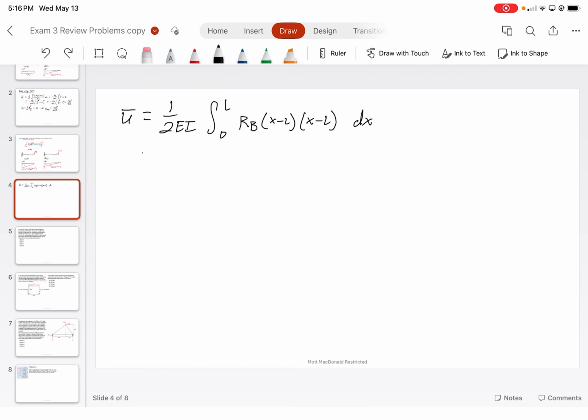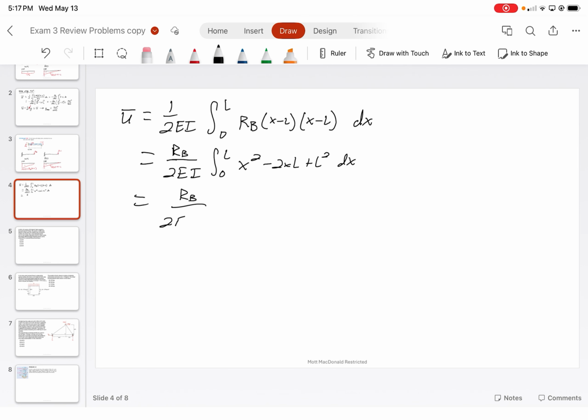So from this, 1 RB divided by 2 EI times the integral from 0 to L of x minus L squared dx. If we expand this out, I just want to do x squared minus 2xL plus L squared dx.